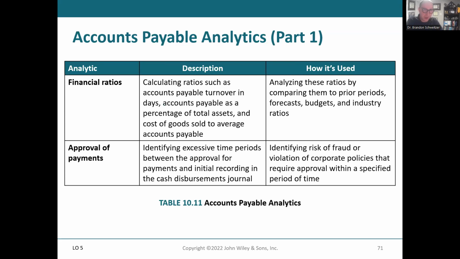Financial ratios we can calculate based off of accounts payable turnover, of course, in days, as a percentage of total assets, and cost of goods sold over average accounts payable. And of course, the approval of payments process.